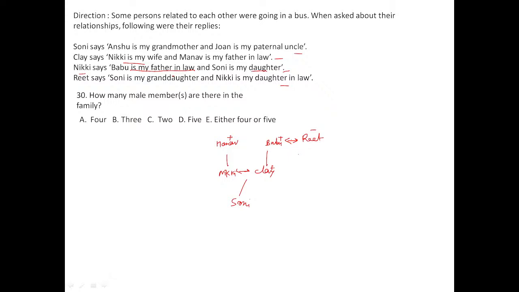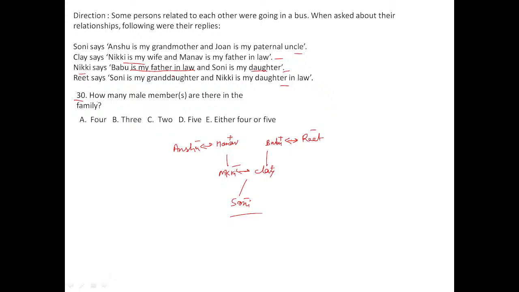Now Sony says Anshu is my grandmother. So Anshu would come here. Only one place left, right? So Anshu is here. So this is the blood relation. See how easy it is, right?